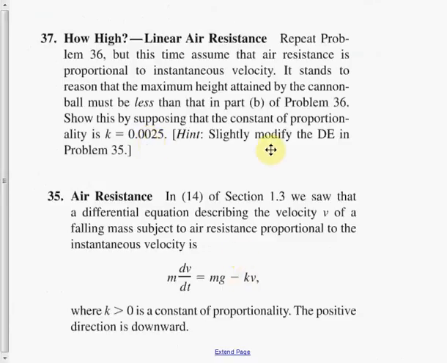Then it says slightly modify the DE in problem 35. Well, here we put number 35 there. So we're going to repeat the same question that was asked in number 36. That is, first, find the formula for the velocity, and then secondly, find the maximum height, based on air resistance being directly proportional to instantaneous velocity.